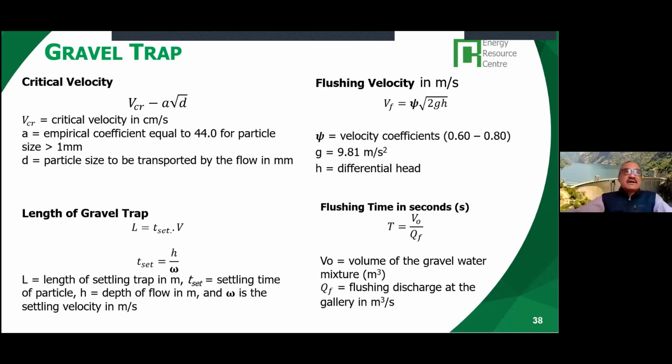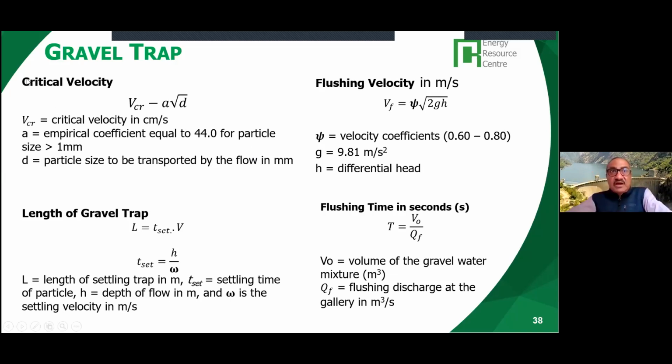The empirical coefficient A is equal to 44, and d is the particle size to be transported by the flow in millimeters. So the particle that you want to transport in this flow is decided based on this formula.